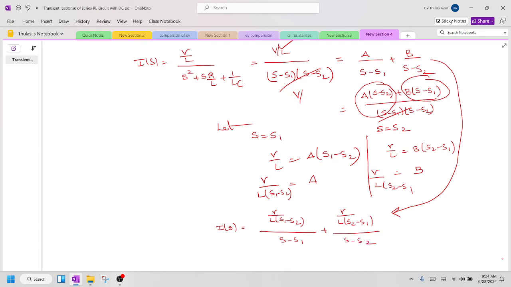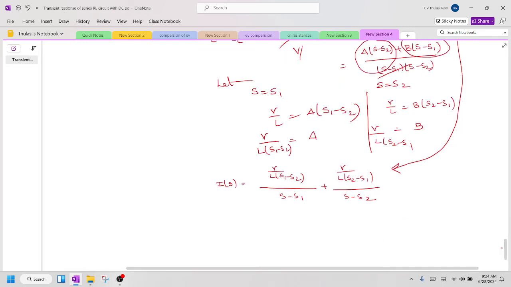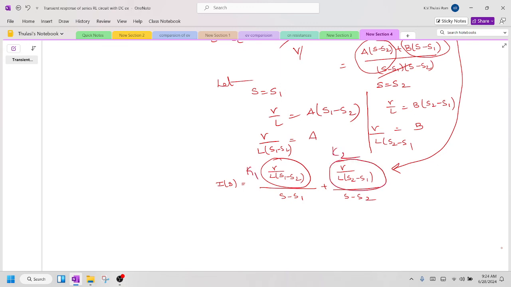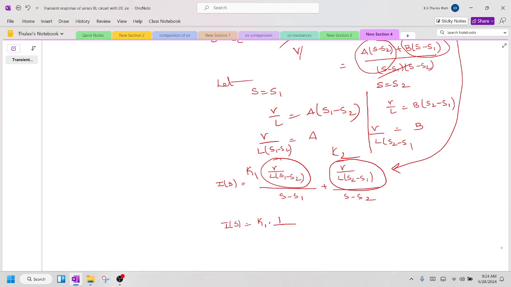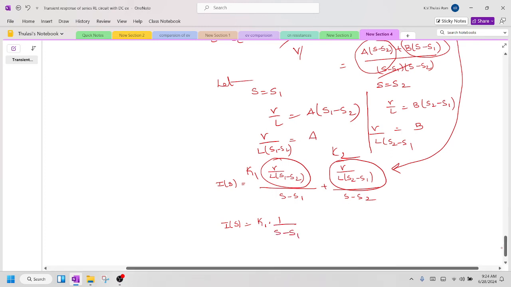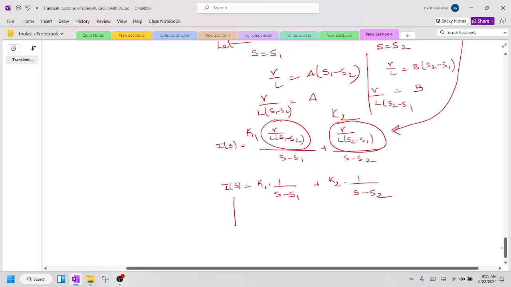Okay, so this is very simple to understand. I am assuming this as a constant K1 and this as a constant K2. So I can write I of S is equal to K1 into 1 by S minus S1 plus constant K2 into 1 by S minus S2. So this is in the frequency domain. Apply the inverse Laplace transform.